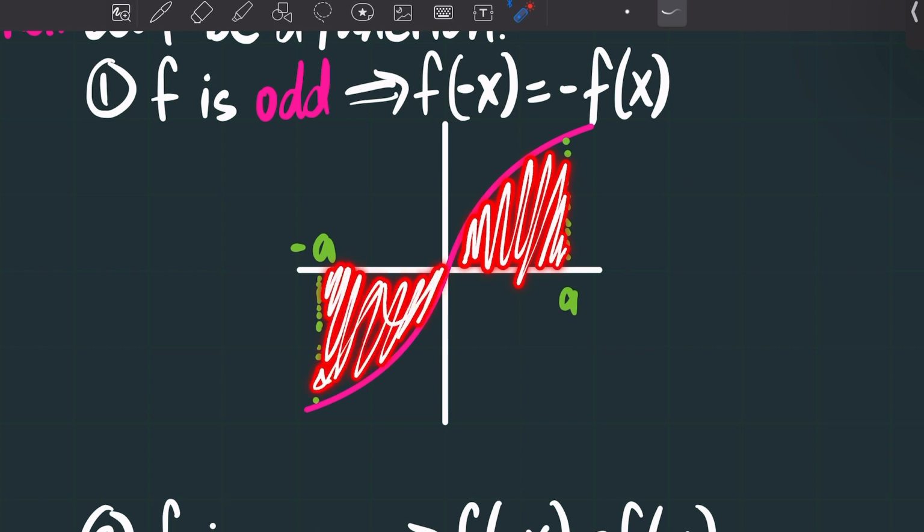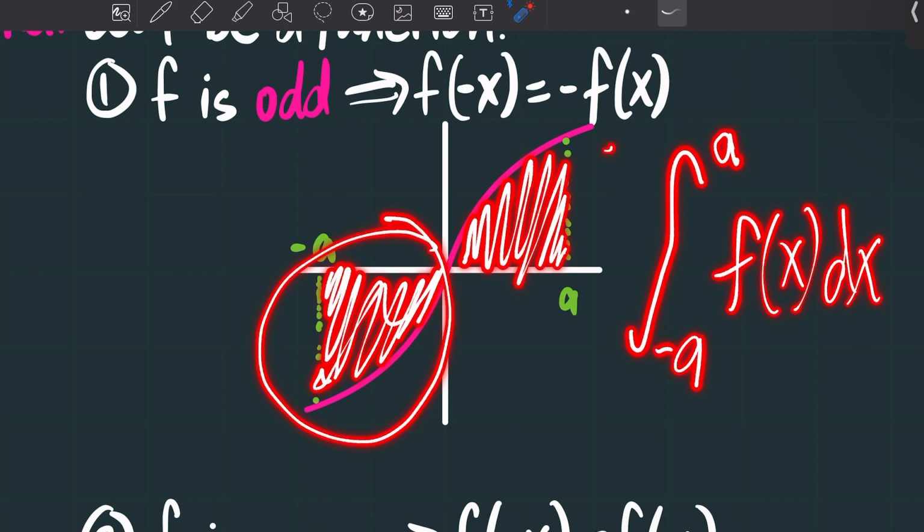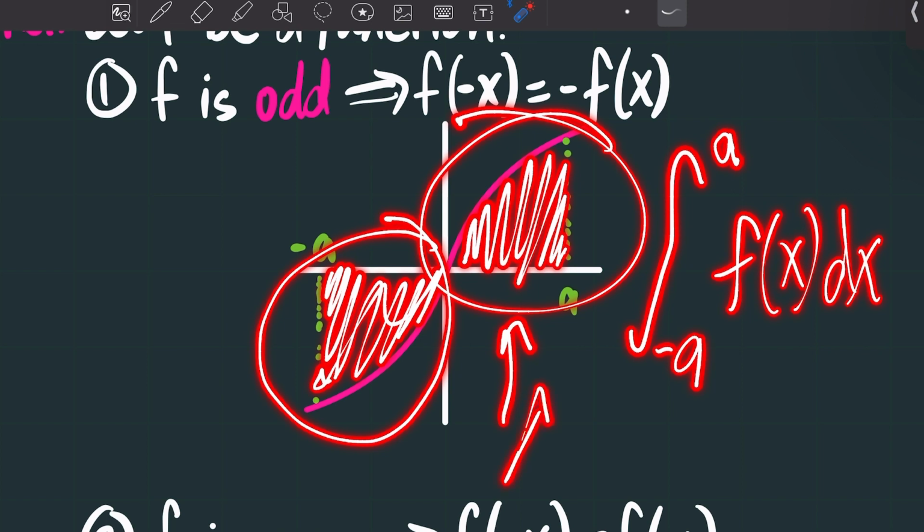So, ang tanong natin, what is the integral of this function from negative a to a? So, that's the area of this one plus the area of this one. So, tawagin natin yung area na to as a. So, if this area is a, what should be this area?